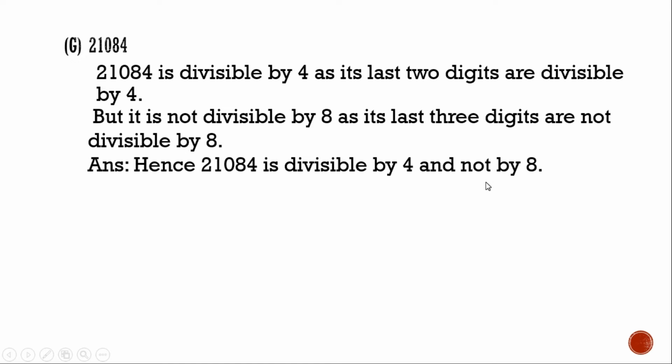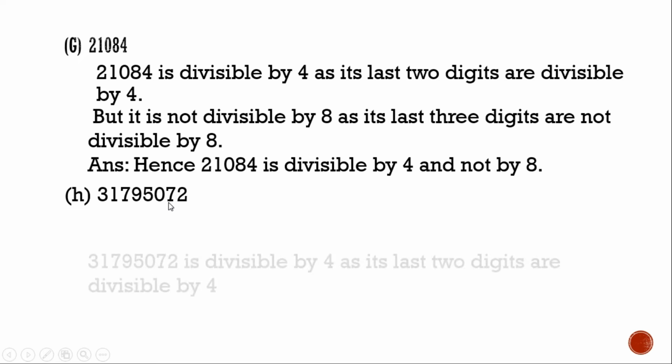Please, children, again I am telling you, maintain your classwork neatly. You must write all these sums in your notebook. The next one. Okay. Is it divisible by 4? 72 is divisible by 4 or not? Yes, it is divisible.